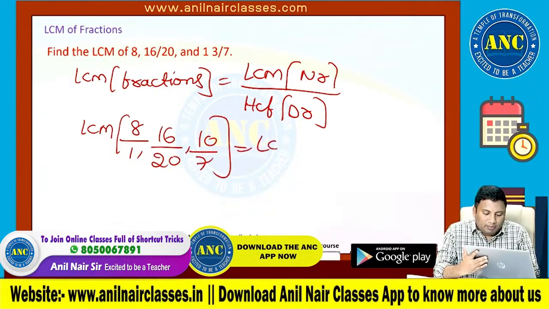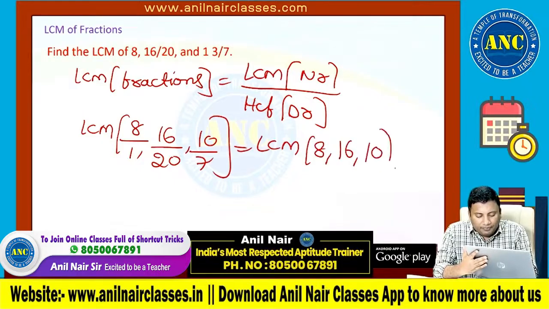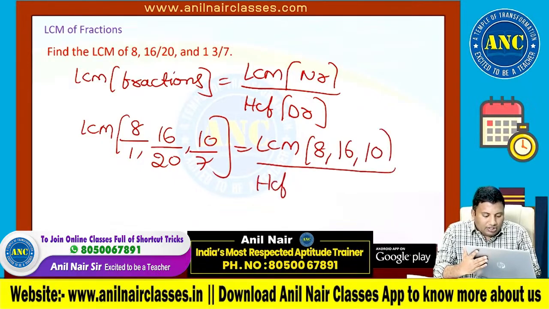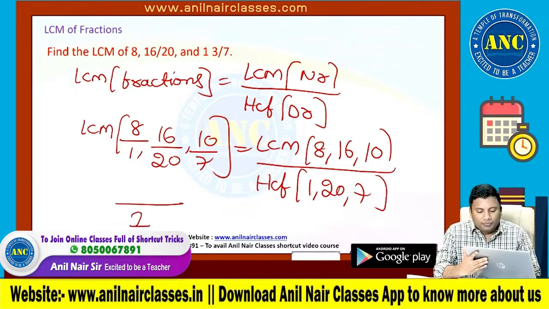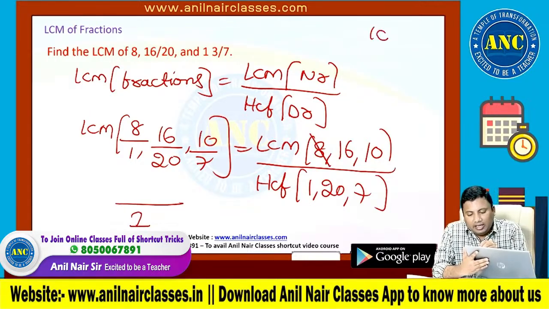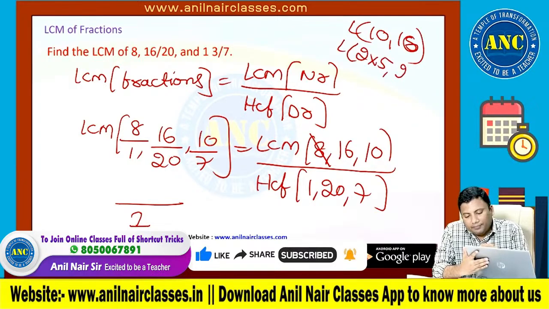These are nothing but LCM of 8, 16 with 10 divided by HCF of 1, 20 and 7. HCF of 1 with any number is 1. 8 is a factor of 16, it is eliminated. 10 and 16: LCM is 2 5s are 10, 2 8s are 16.